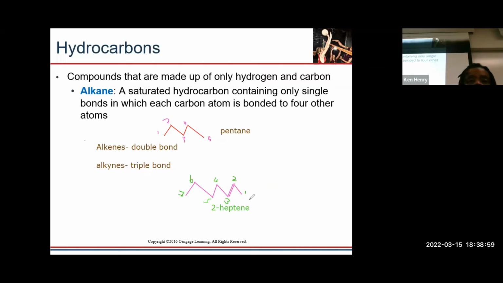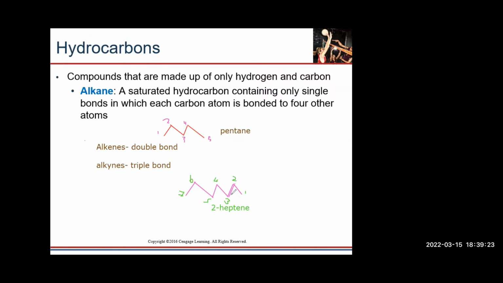In this case we start from the right-hand side, 1, 2, 3, rather than starting from the left-hand side, which would give it a much higher number. I believe it's 5. So we want to make sure that we give it the lowest number possible. You guys are good? I would go for the same for the triple bond, right?